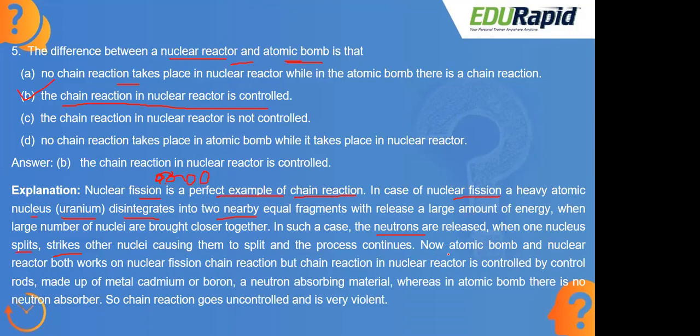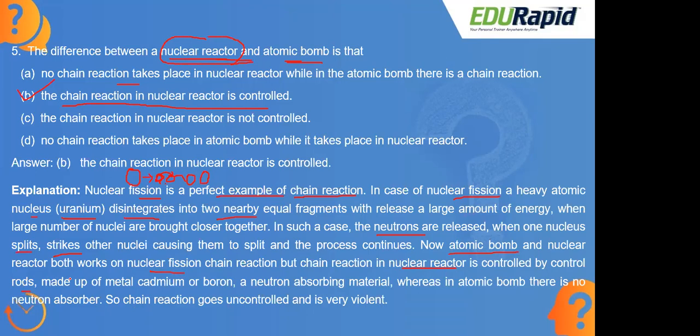Now, looking at the atomic bomb as well as the nuclear reactor in the question, both work on the principle of nuclear fission. That is, the heavier nucleus splits down into simpler particles, simple nuclei. Clear? But the nuclear reactor is completely controlled by control rods.